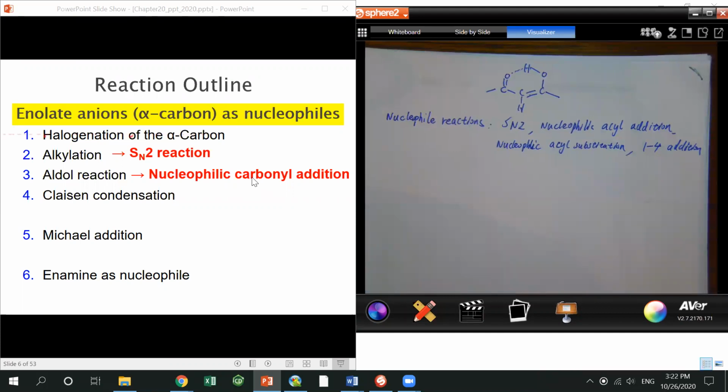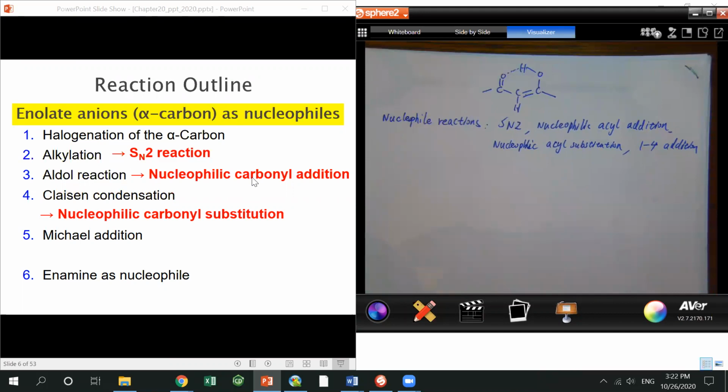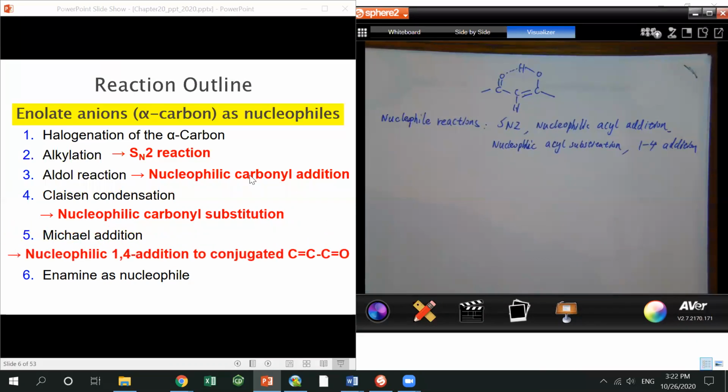Another reaction we learned is the Claisen condensation, which is nucleophilic carbonyl substitution, also called nucleophilic acyl substitution. Here the alpha carbon comes in and replaces some leaving group. We'll also learn a reaction called Michael addition, where the alpha carbon does a 1,4 addition, with a conjugated C=C double bond and C=O double bond.